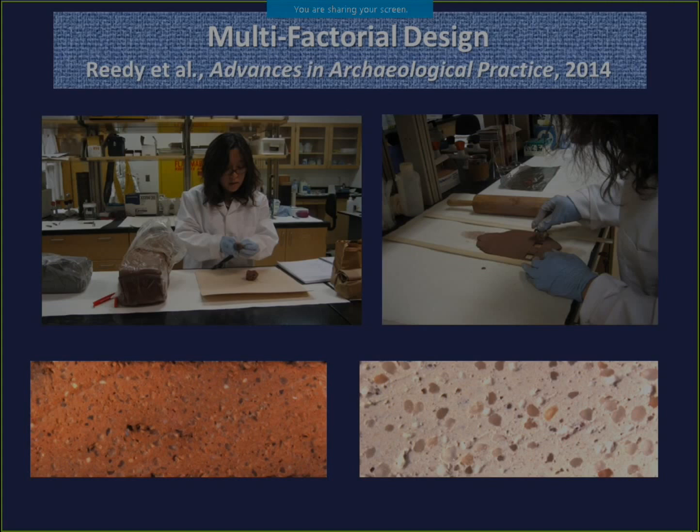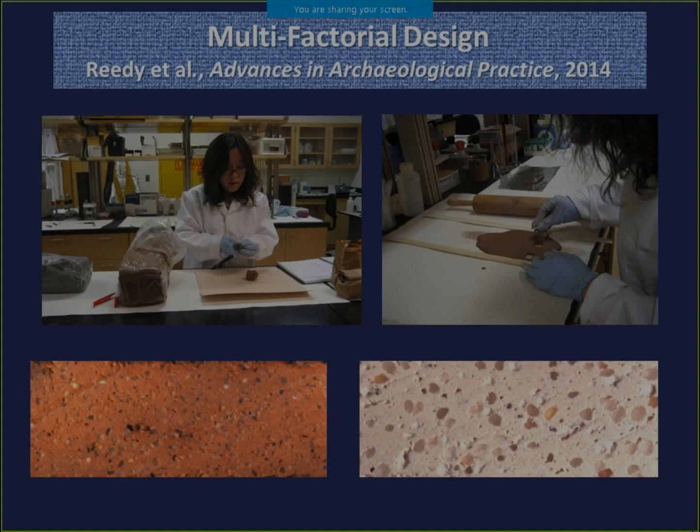Rather than start with unknowns, which would have been real archaeological ceramics, we prepared test tiles in the lab using known proportions of clay and sand, and with purchased sand that had a known particle size.